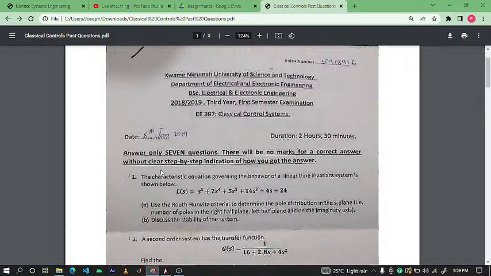The first question. The characteristic equation governing the behavior of a linear time invariant system is shown below.